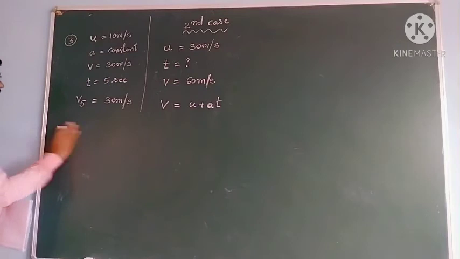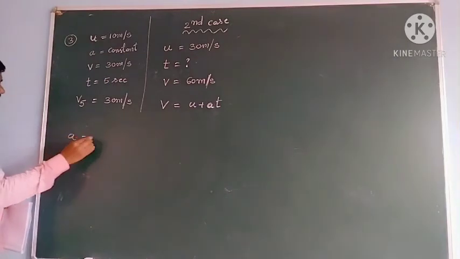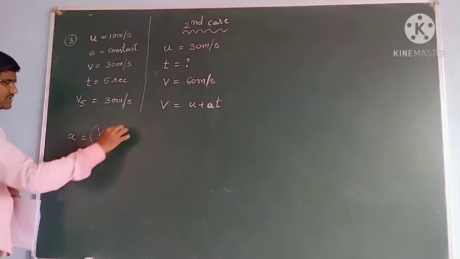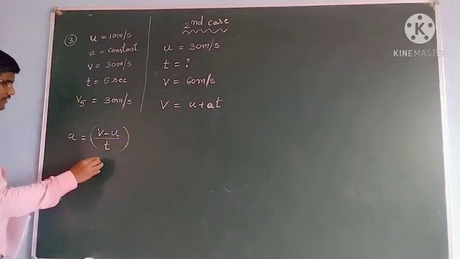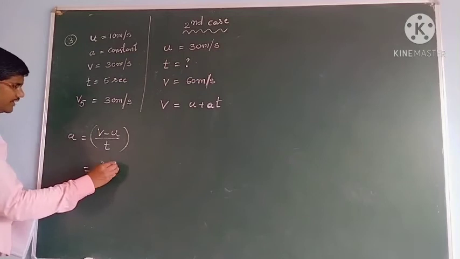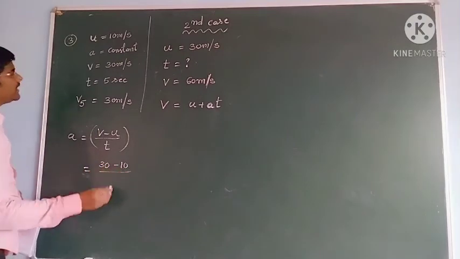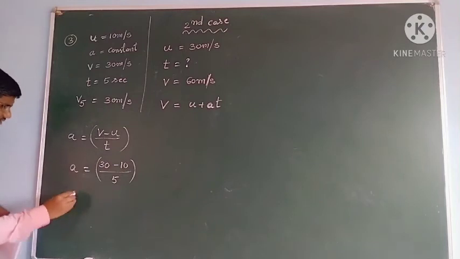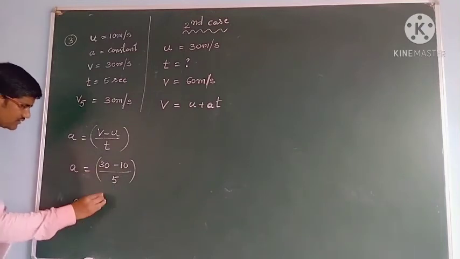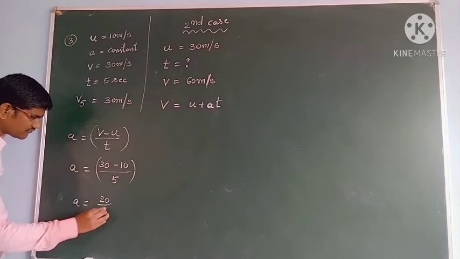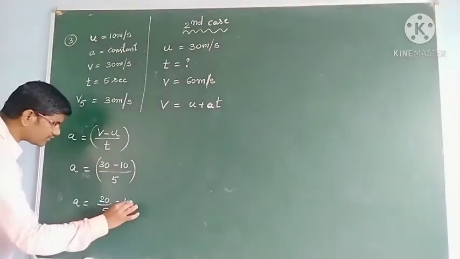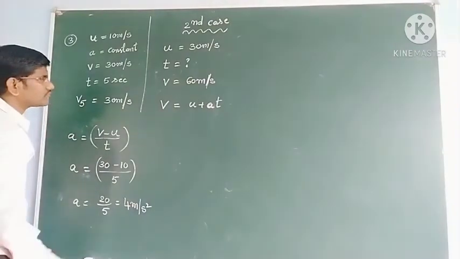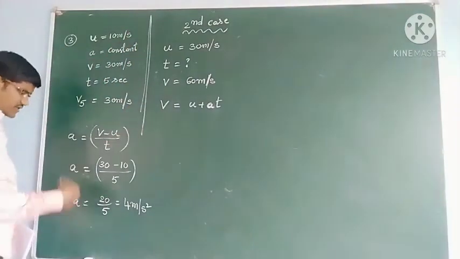So a is equal to v minus u by t, so v value 30, u value 10, by t value 5. Then a is 20 by 5, so you will get 4 meters per second square. So 4 meters per second square is the acceleration.